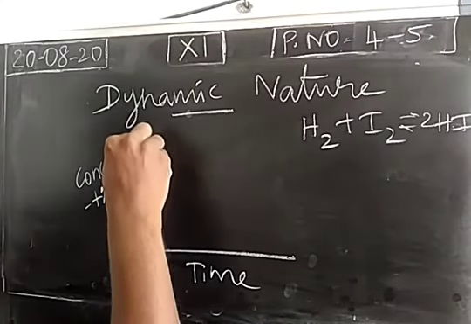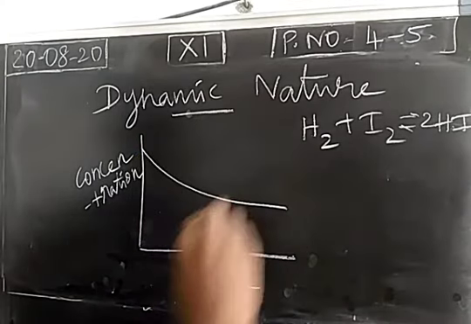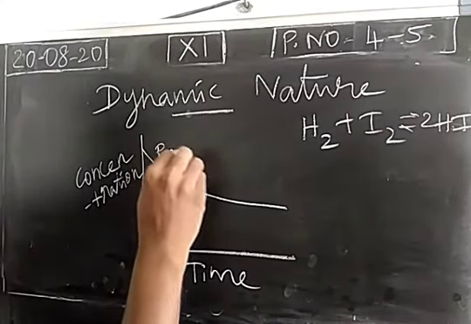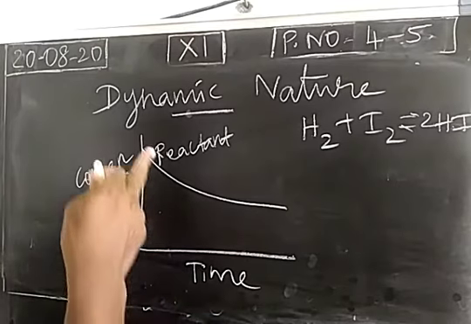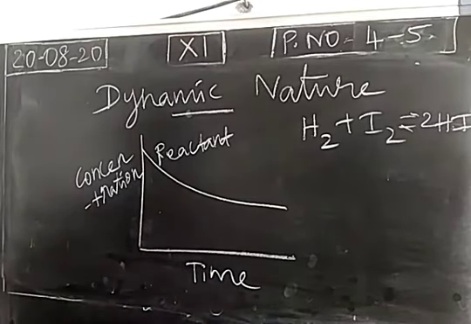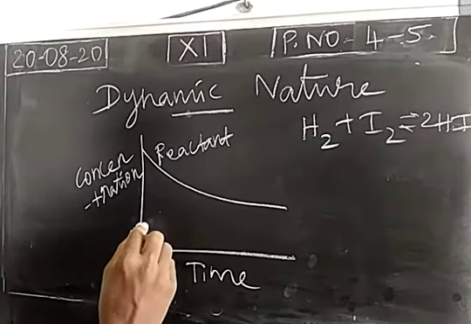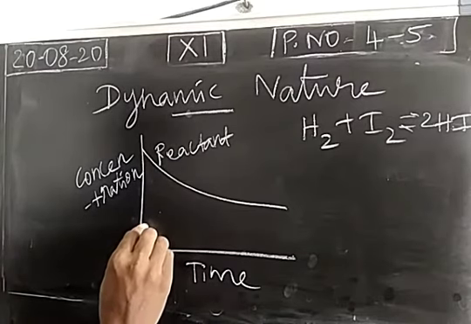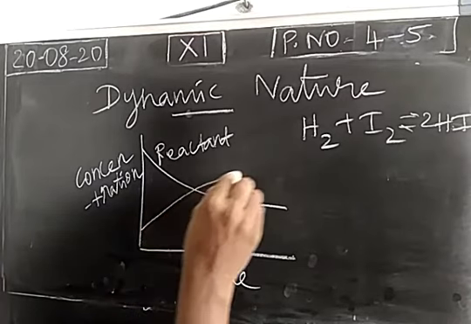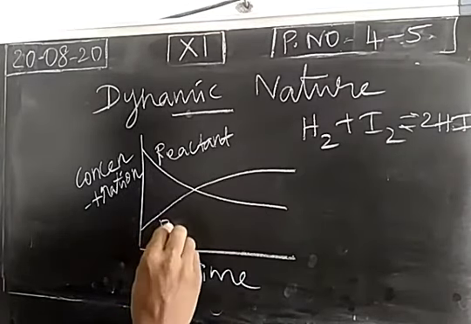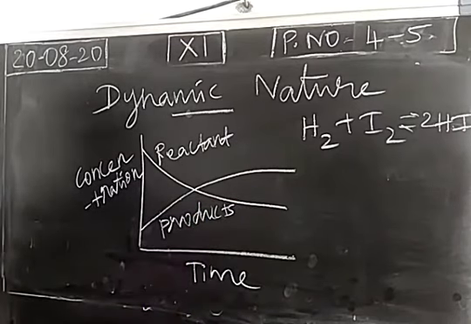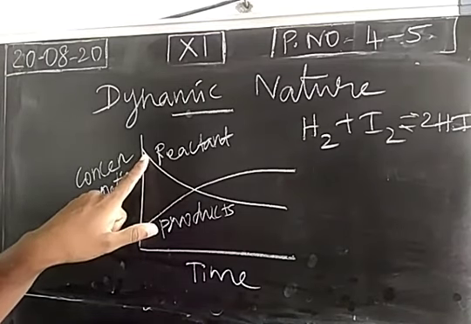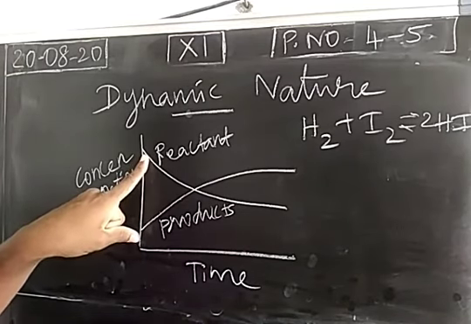So, when we take a reactant, concentration decreases with respect to time. When the reaction proceeds, concentration of reactant decreases. At the same time, what about the product? Concentration of product increases. So concentration of reactant will be 100%.